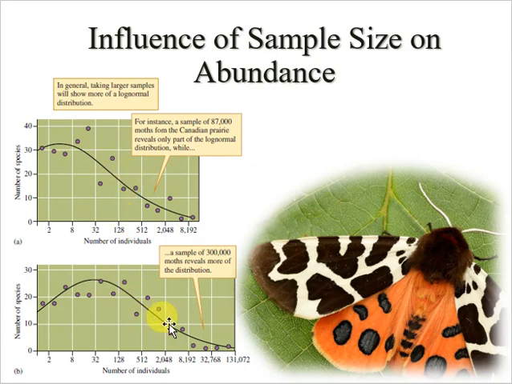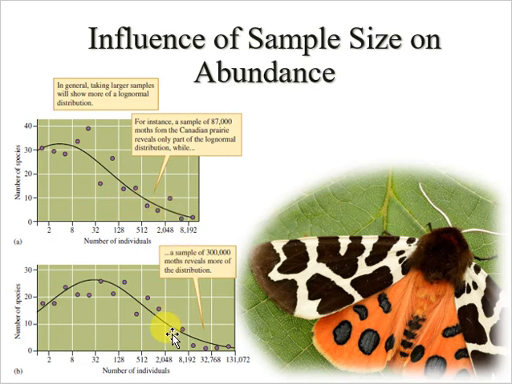Now, the sample of moths from Lethbridge, Alberta, appears to come closer to a full curve. Now, why might that be? Well, what have I been ranting about for the past, probably 15 minutes? Sample size, right? The sample of moths in Saskatoon contained approximately 87,000 individuals, and those 87,000 individuals belong to 277 species.